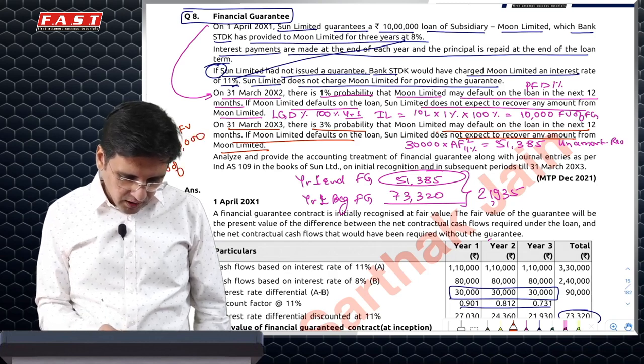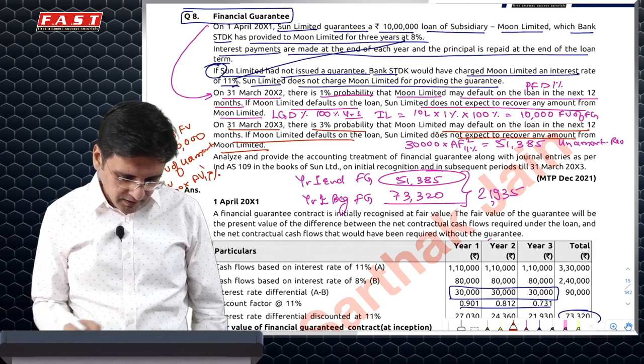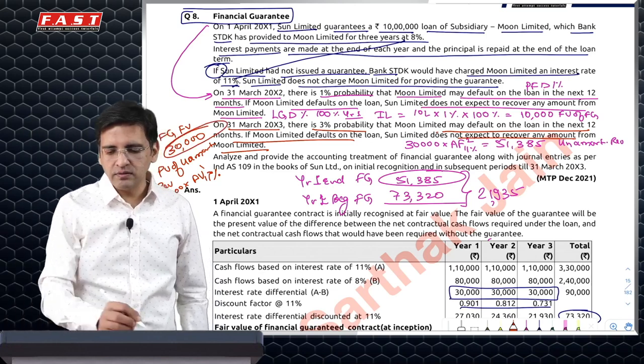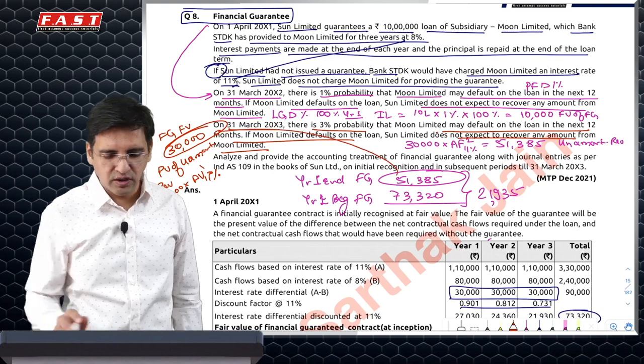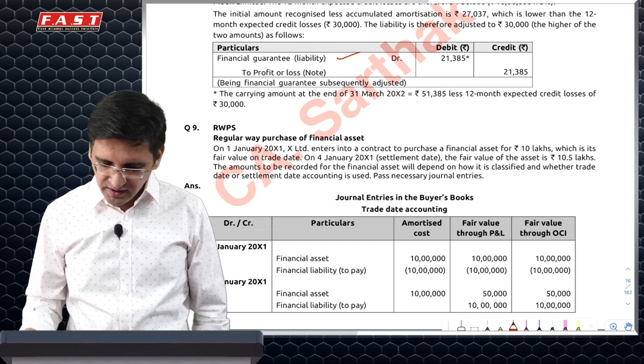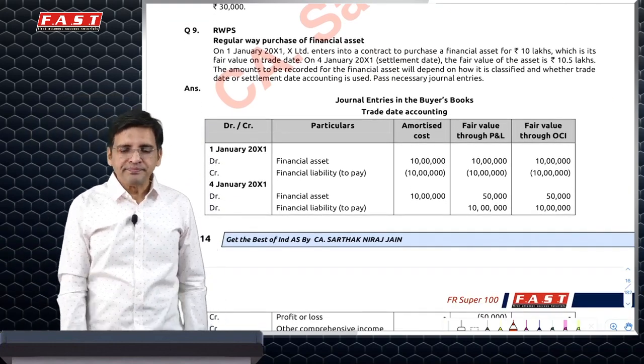Present value of your unamortized revenue is 30,000 for the next year into present value at 11% for 1 year. Whichever is higher, so obviously 30,000 is going to be higher. So 51385 to 30,000, 21385 is your income which you'll have to recognize in the next year. That's about it. You have been asked the question only for 2 years.